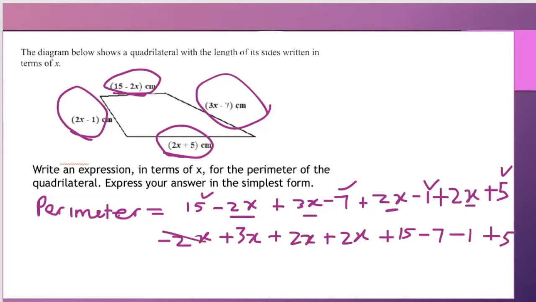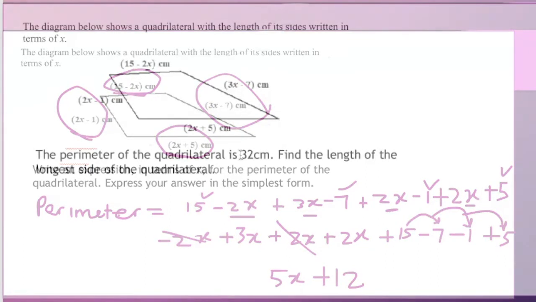So I have 3x plus 2x, that's 5x. 15 minus 7, that's 8. 8 minus 1, that's 7. And 7 plus 5 gives me 12. So this is the expression that represents our perimeter.